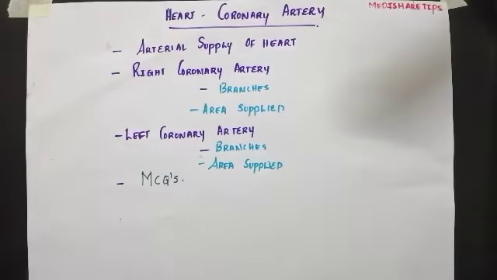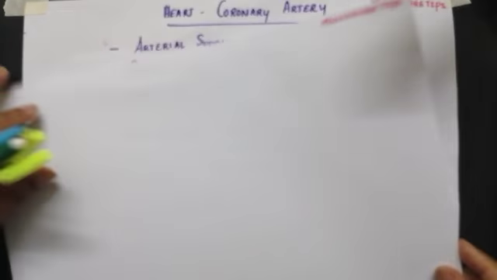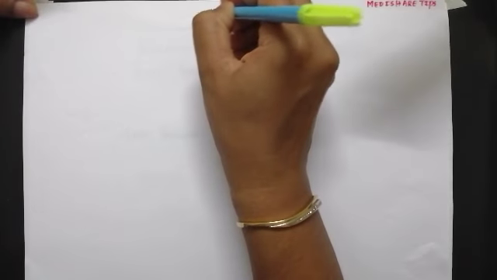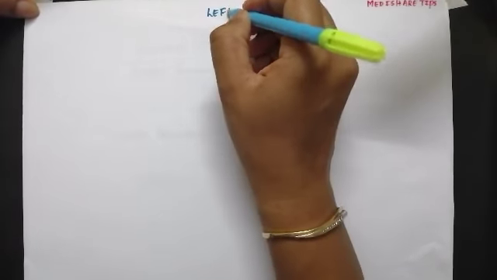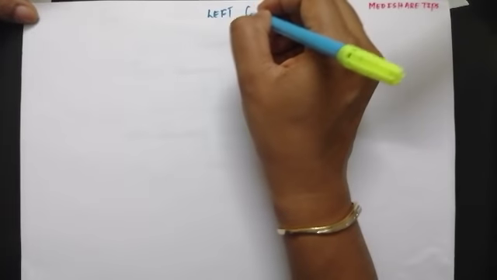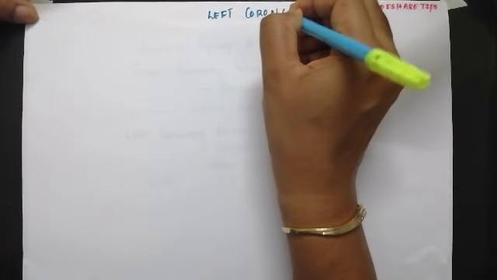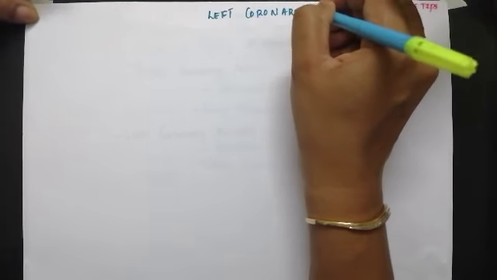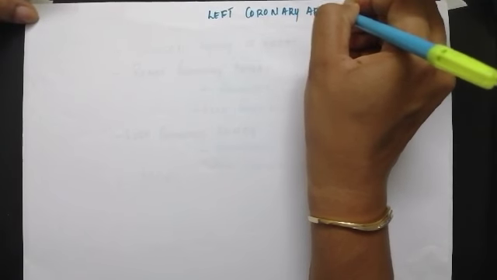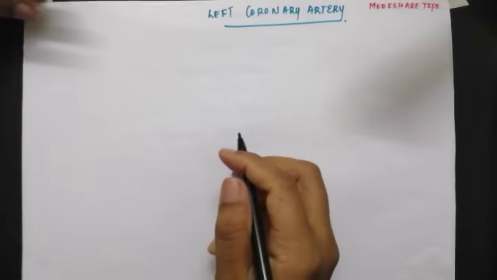Now we will be discussing the extent, branches and areas supplied by the left coronary artery. So we'll draw the diagram.